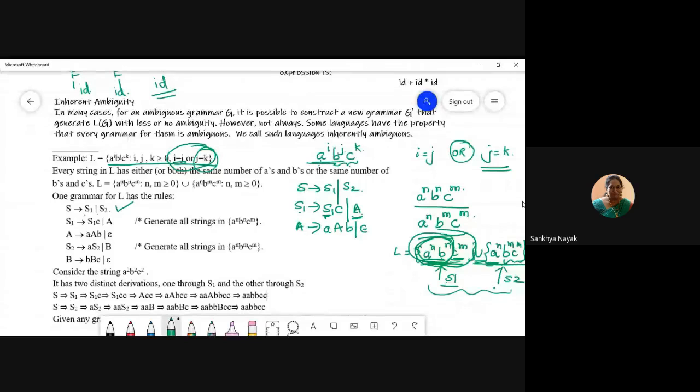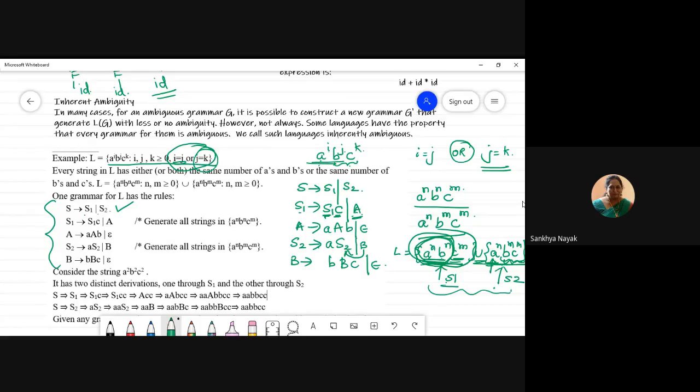Same thing for S2. Here A comes first, since C was different before. So S2 derives A S2 or B, and this B replaces S2, and B is for equal number of B's followed by equal number of C's. That's how we wrote this grammar.